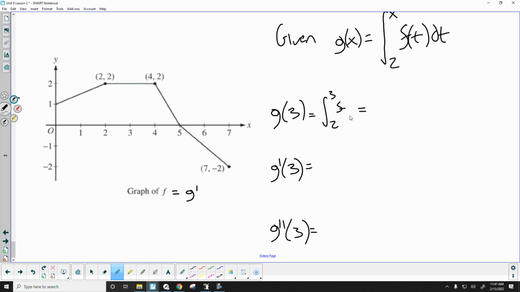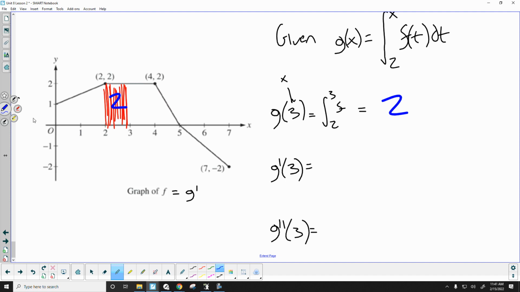We are just taking 3 and replacing x, so the integral from 2 to 3 of f. Let's accumulate f from 2 to 3. It's just a rectangle of area. We can find that easily using our friend geometry. And I get 2.